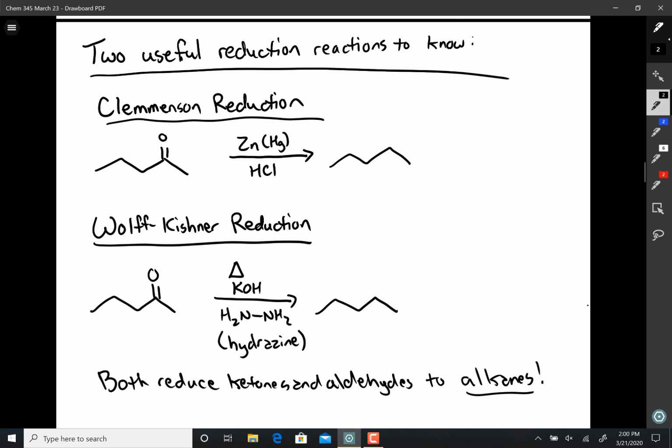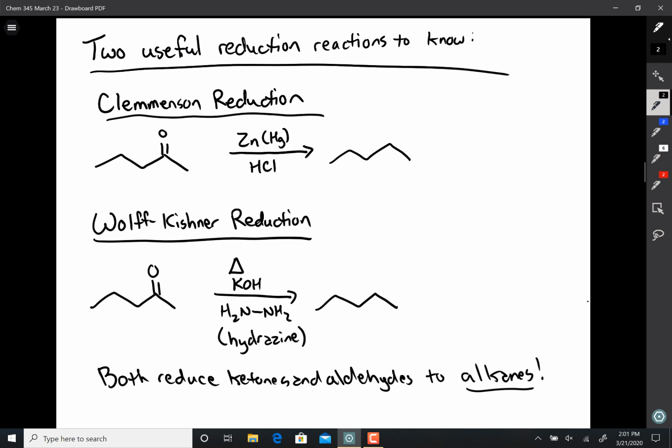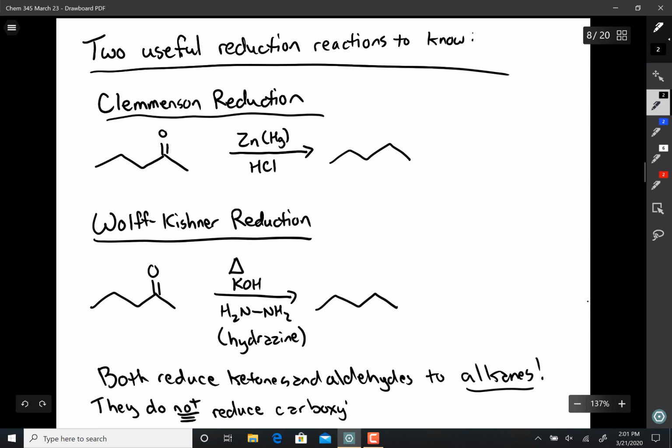Now, this is important. They reduce ketones and aldehydes to alkanes. They do not reduce carboxylic acid derivatives.